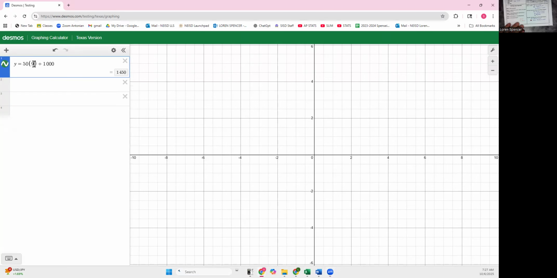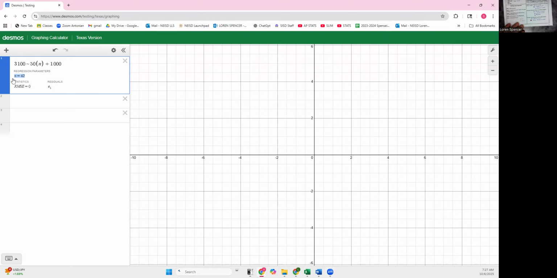So our original equation was this. We drop in our new y value, which is 3,100, and it won't solve it. So I change the equal sign to a squiggle, and I change the x to an n. And it tells me it would take 42 weeks.